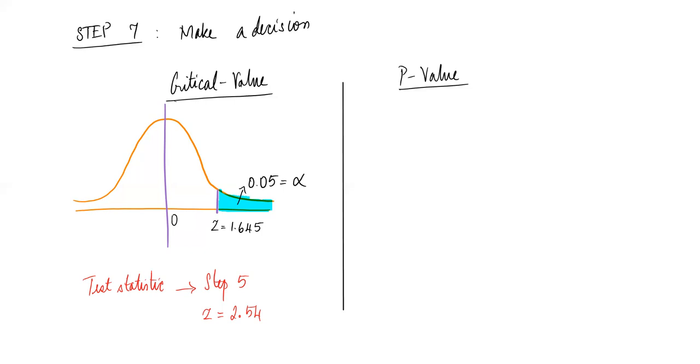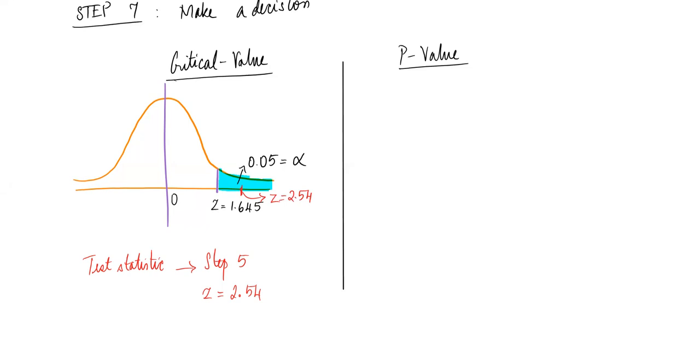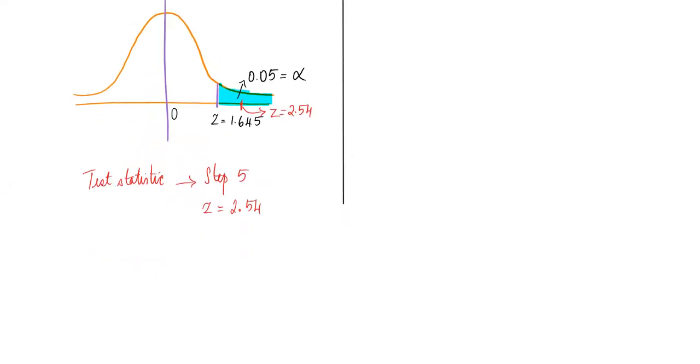So z equals 2.54 lies in this spot. Since your test statistic lies in the blue shaded region, we reject H0. That's the decision we make. We reject H0 since z equals 2.54 lies in the rejection region.